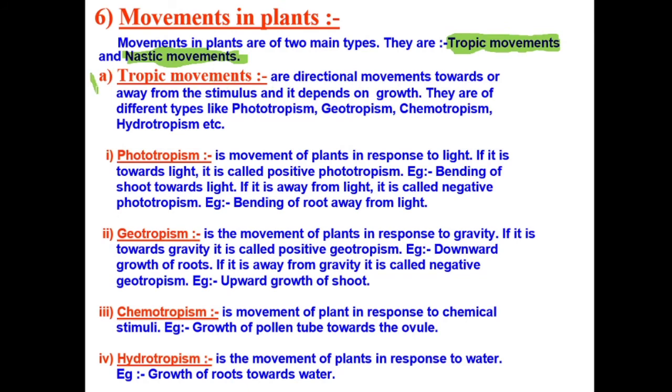Directional movement, what do you mean by directional movement? Let's see in tropic movement. Tropic movements are directional movement towards or away from stimulus. Towards or away from stimulus means, look, the plants cannot walk. But what will the plant do if it needs water and water is not near to it, or the light is not near to it?